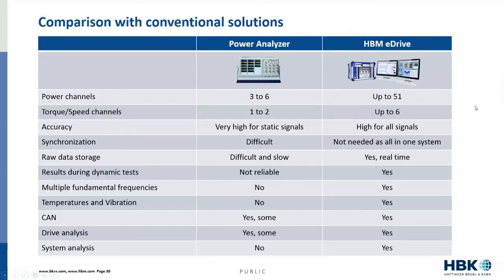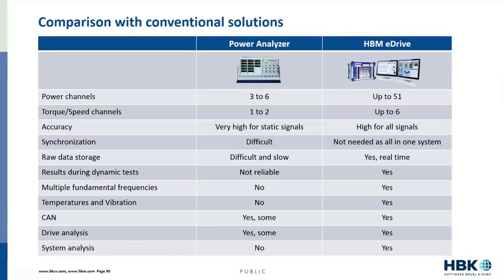So in summary, a comparison between the traditional power analyzer and HBM's eDrive system. HBM's eDrive power analyzer can support up to 51 power channels and 6 torque and speed channels in a single mainframe. The traditional power analyzer gives you very high accuracy for static grid type measurements, whereas the HBM power analyzer will give you a high accuracy for all signals, including in dynamic situations.